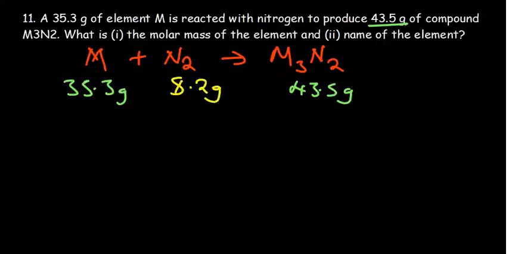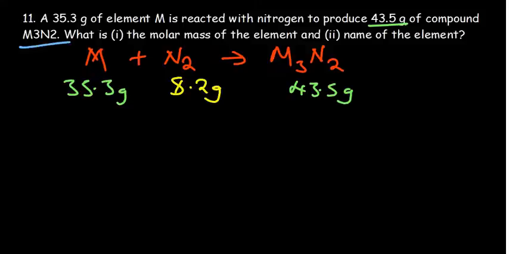Now the question is asking us to find the molar mass of the element M, which is unknown in this case. So we've already found the missing mass of nitrogen. The other key important idea in the question is the ratio between M and nitrogen has been given.